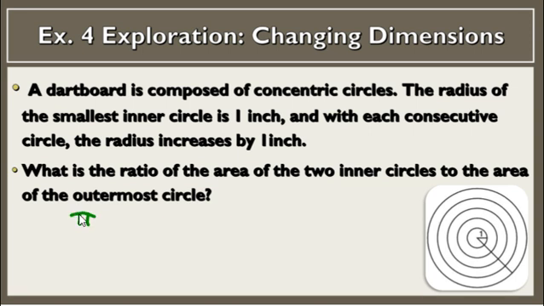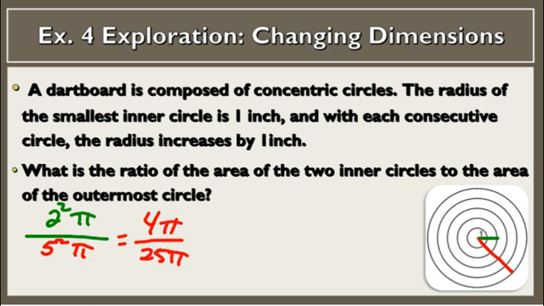So pi times the radius squared, for the inner two, the radius would be 2, so 2 squared, over the radius of the outermost circle, which would be 5, so 5 squared times pi. If we simplify this, this would be 4 pi over 25 pi. The pi's cancel out, and we would have a ratio of 4 over 25.